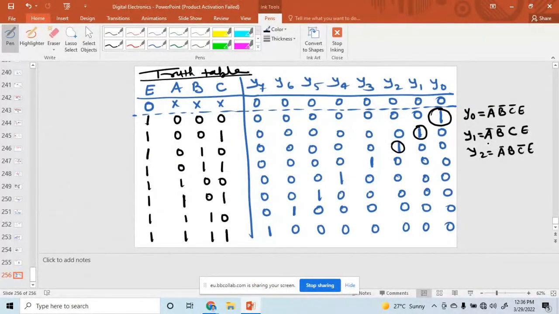Up to this point, anyone have any doubts, any query? Yes or no? Is that clear? So this is equal to what is the value? A bar, B bar, C bar. Enable value is 1. Then similarly you can write Y3, Y4, Y5, Y6 and Y7.